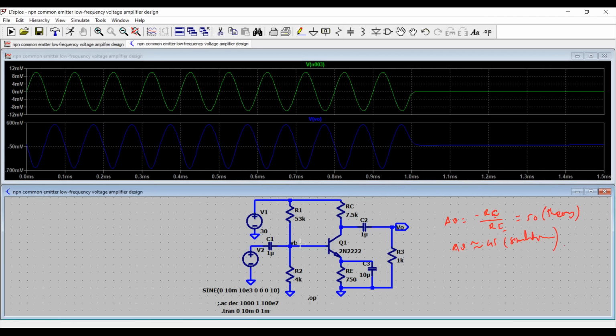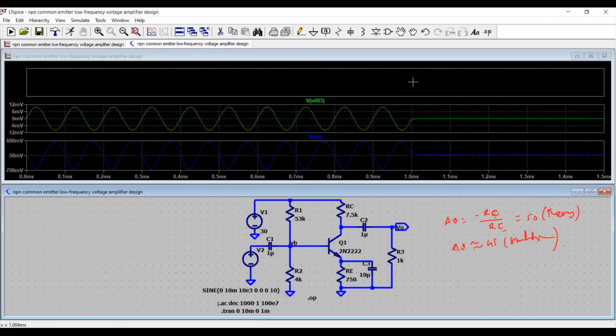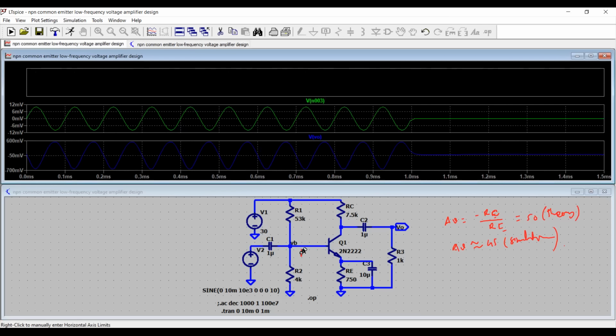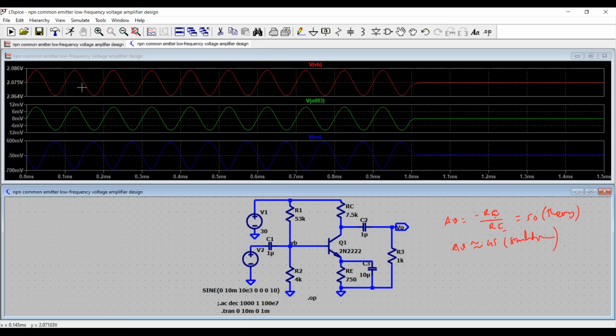You can have other voltage plots here. For example, add plot pane, and maybe here I want to plot the voltage at the base. So here I click here, and that's the voltage at the base. So everything is varying around the operating points. So that is the Q point.